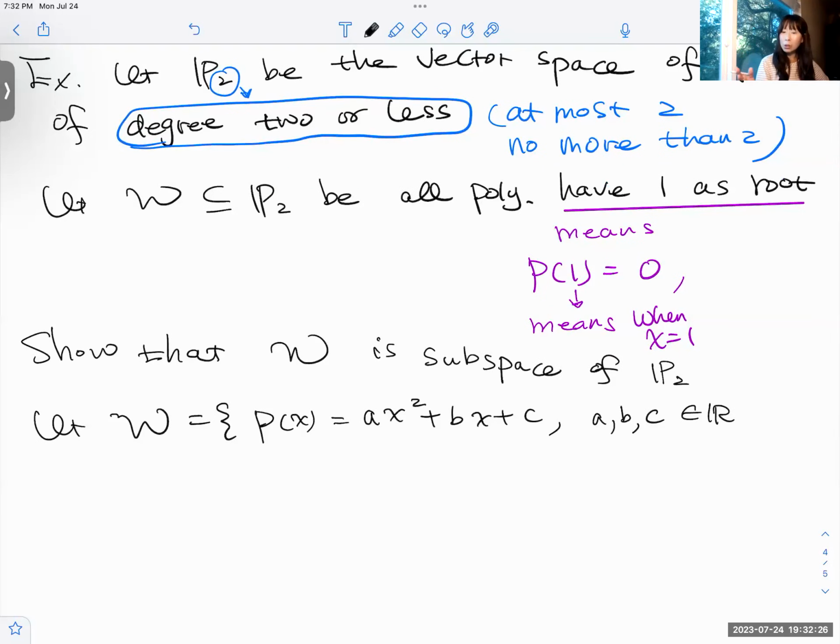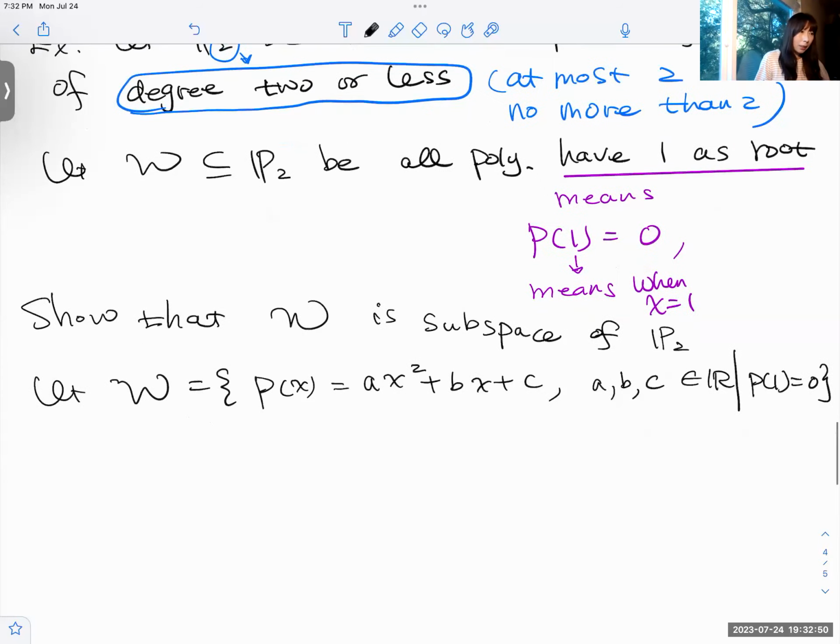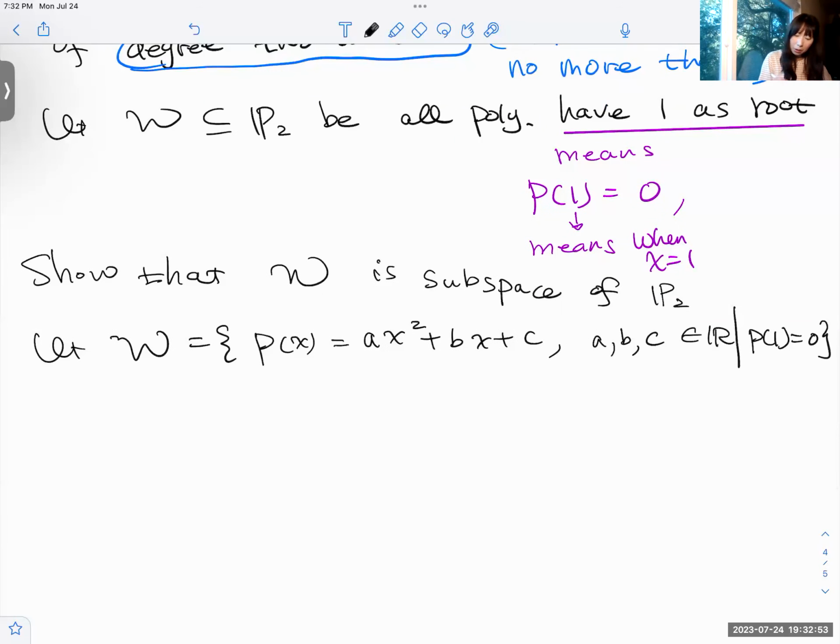This is the general condition, and then we give more specific detail, which is p of 1 equal to 0. The first is the general expression, and after 'such that' we give the detail information. All right, okay.